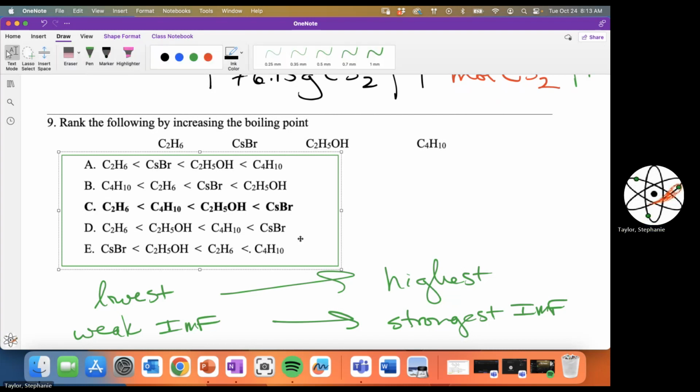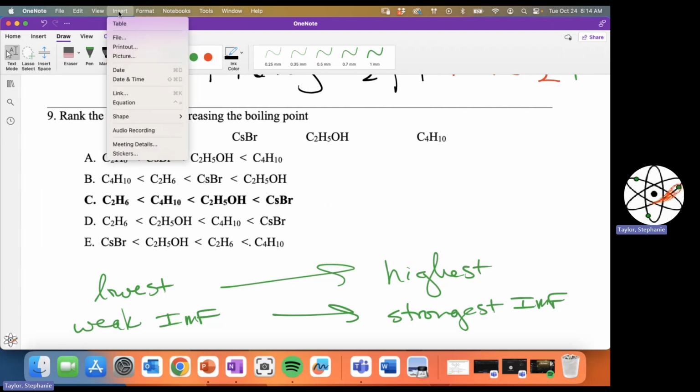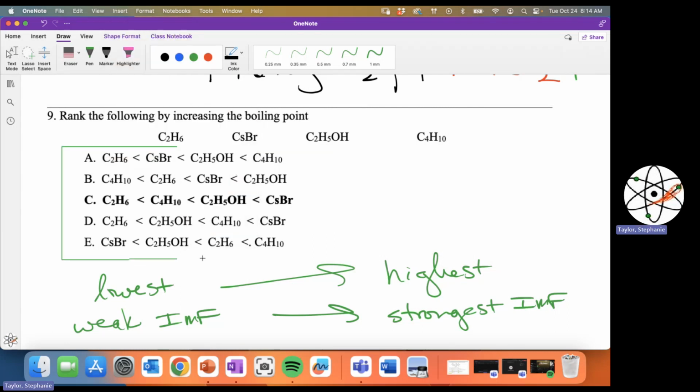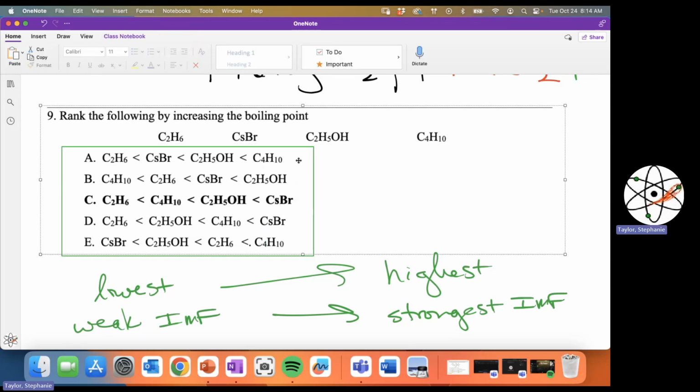That's too bad. Anyway, what I wanted to do is cover up my answer choices because I don't care about the answer choices right now. I very much just want to think about this and not think about what is in front of me. I just want to ignore all of these, which is apparently impossible right now because I'm on a computer and I don't have a piece of paper.